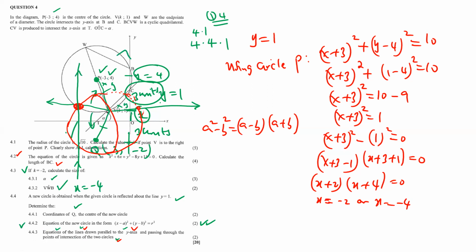There is another line that's going to cut through there, which is x equals minus 2, also parallel to the y-axis. So we're done now. These are the two equations of the lines: x equal to minus 2 and x equal to minus 4.